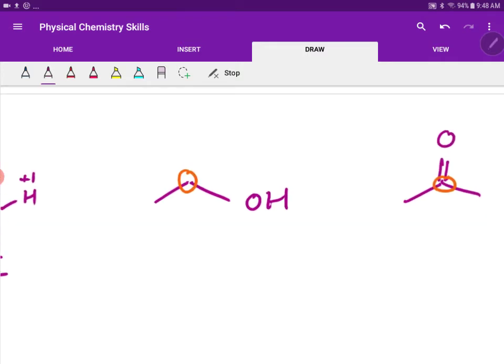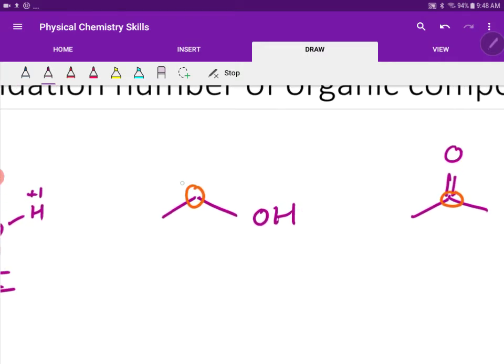Let's take a look at the second example. Here we have to include the other 2 hydrogen atoms that have been omitted. Once again, this carbon versus this carbon, both are the same, so I will give 0 to both of them.